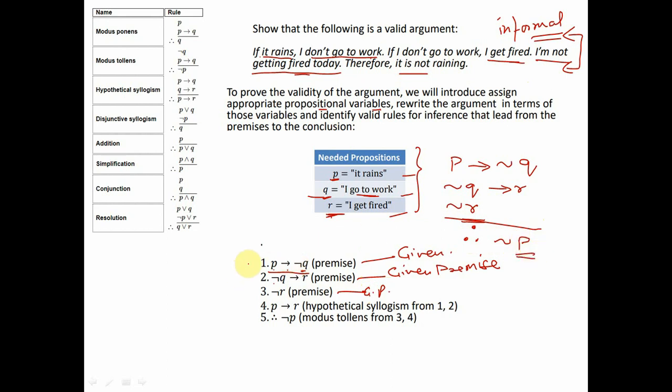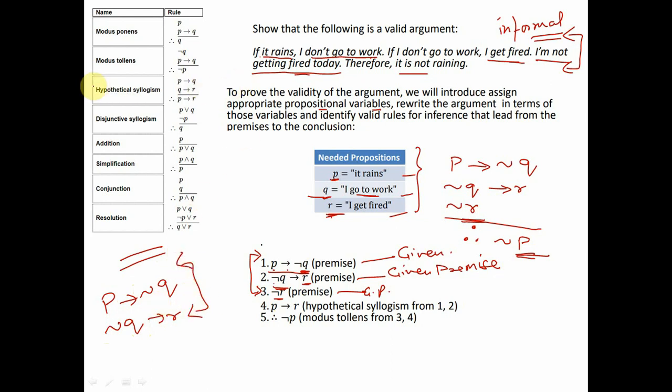Now once we have identified the premises formally, it becomes easy for us to apply the rules of inference that we have listed over here to come to the conclusion. Let us see. P implies not of Q, negation of Q implies R, and negation of R. Now I have P implies negation of Q and negation of Q implies R. Now I can apply hypothetical syllogism on these two.